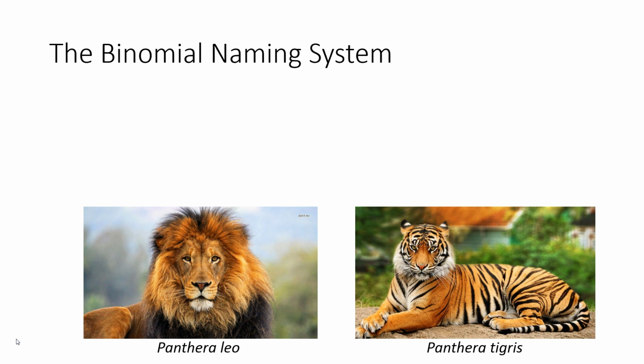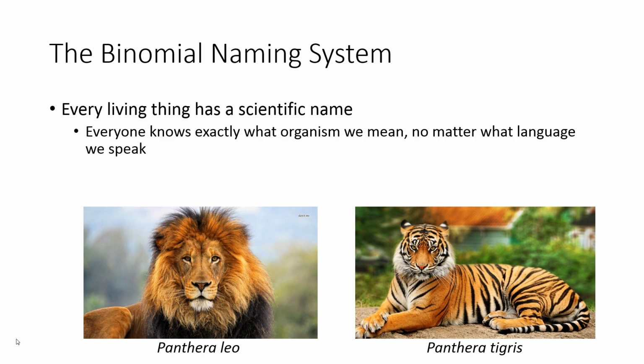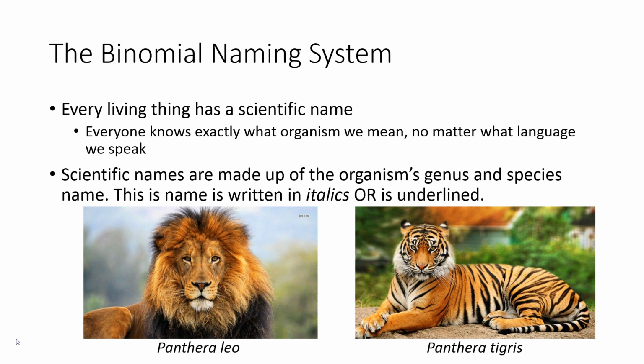All living things are given a scientific name. That way, everybody knows exactly what organism we mean, no matter what language we speak. Scientific names are made up of the organism's genus and its species name, and the name is written in italics or it is underlined.